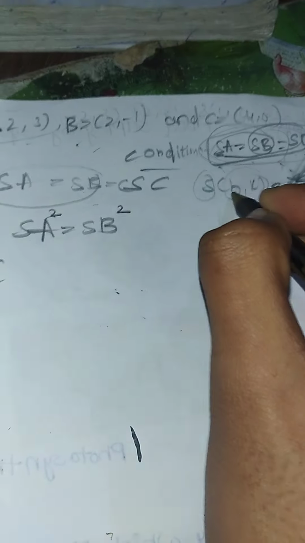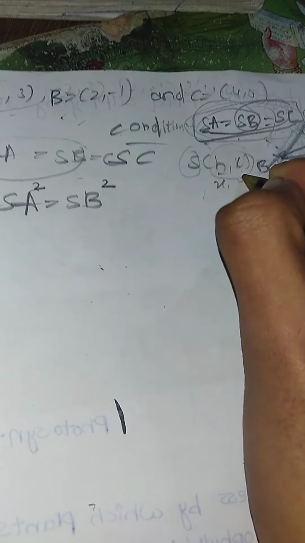I have applied the squares on both sides. Now the root is cancelled. S is nothing but h comma k. These are x1 comma y1 in this case. Here x2 comma y2.